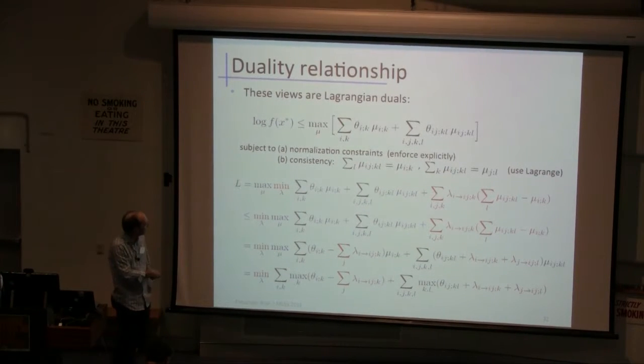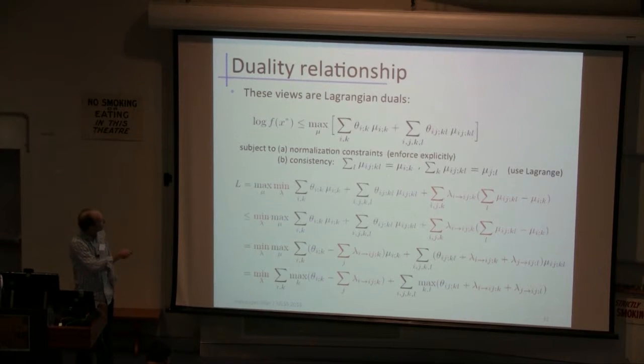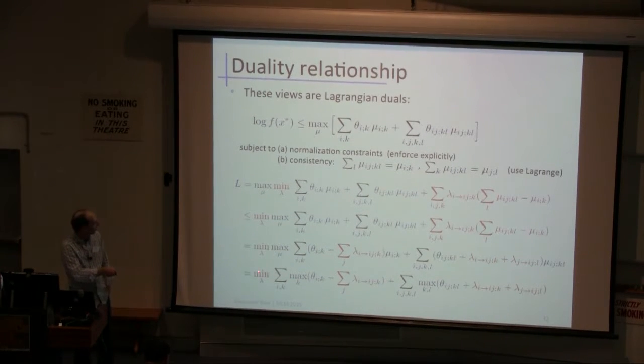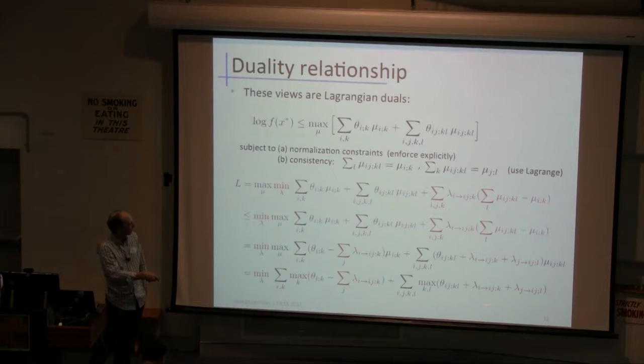And then when you rearrange and reverse the order of the maximization, you'll end up with exactly this dual decomposition form, minimizing over the reparameterization lambda of a decomposed upper bound.